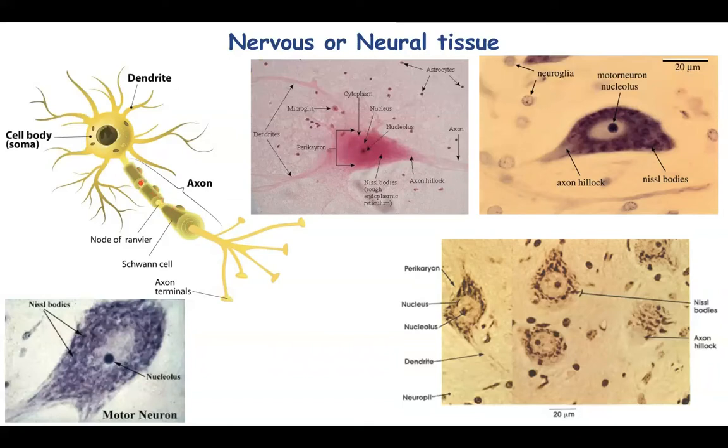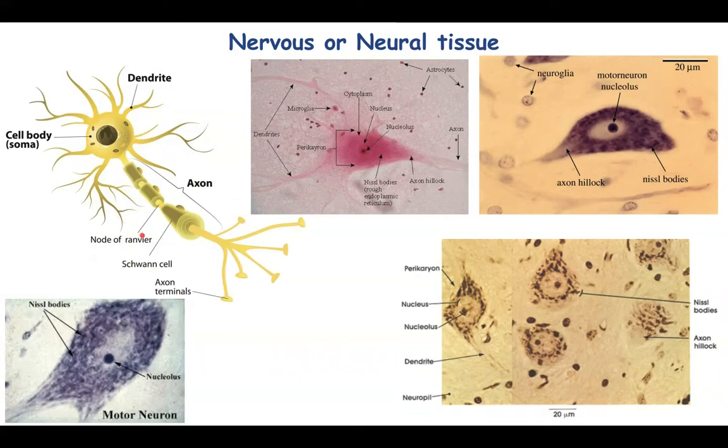There are gaps in the axon where the neurolemma does not have any protective covering, or the axon is not surrounded by the myelin sheath. Wherever the myelin sheath is not there, that area is called the node of Ranvier. The cells which form the myelin sheath are called Schwann cells, and they are found only in the neuron.